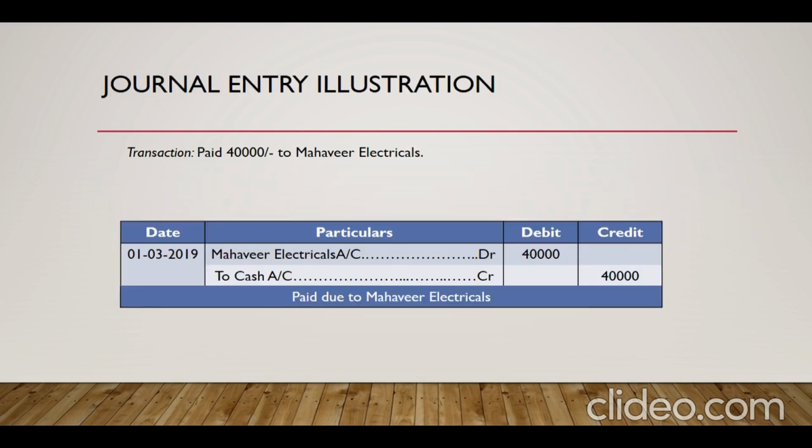We debited the supplier's account and credited the cash account. Our liability towards this supplier has been reduced, and we reduce liability with a debit. Now let's proceed with the next transaction.